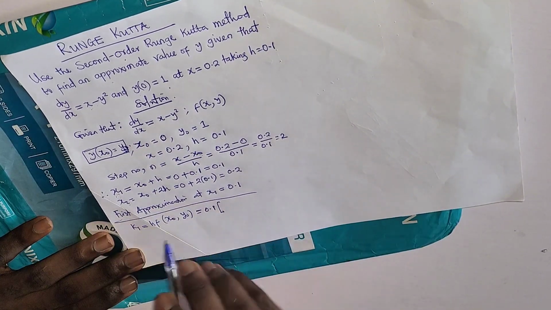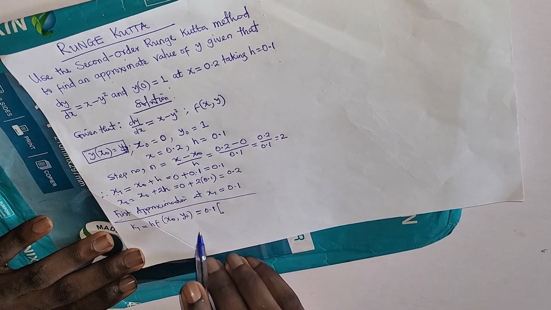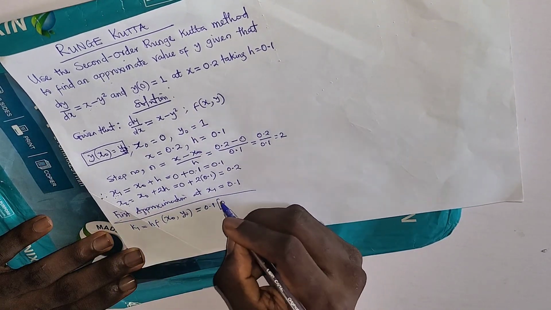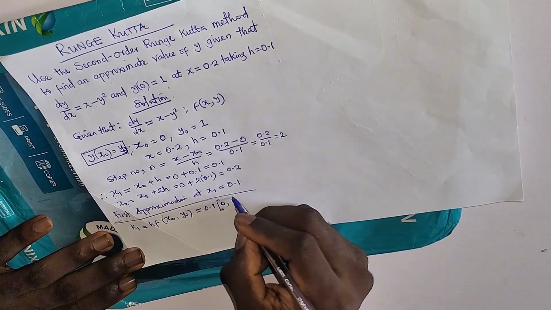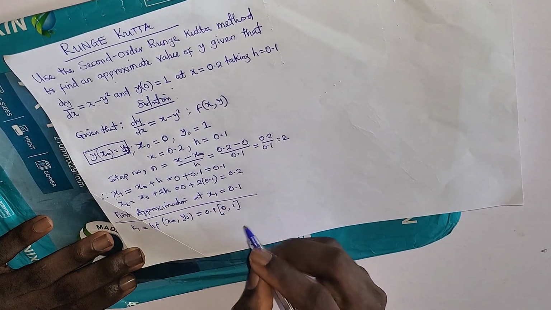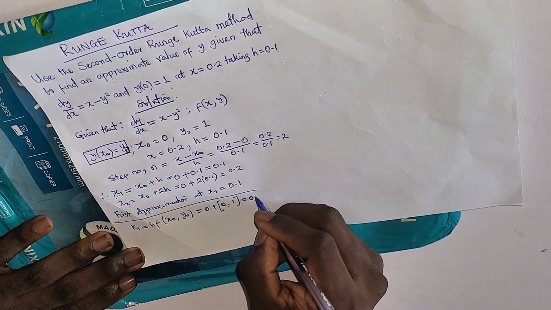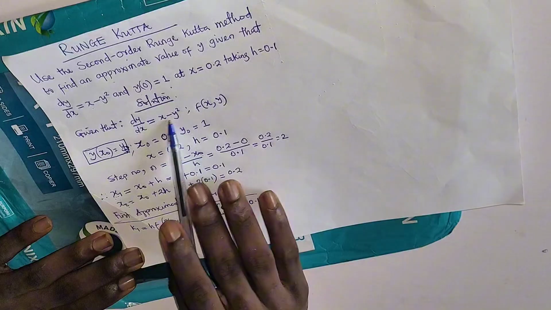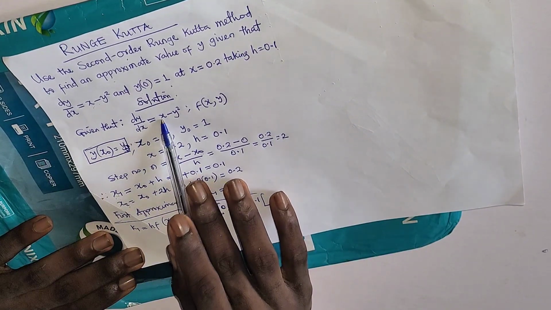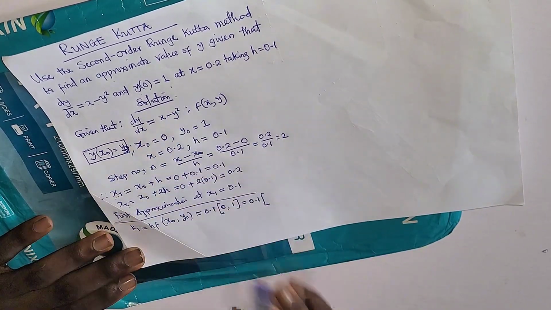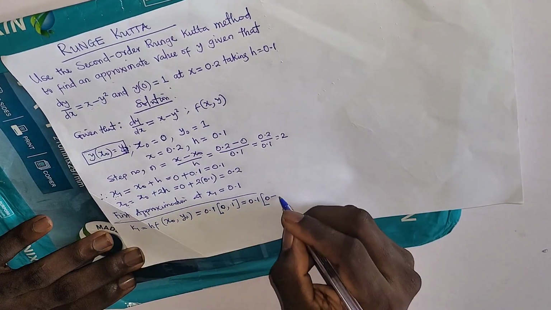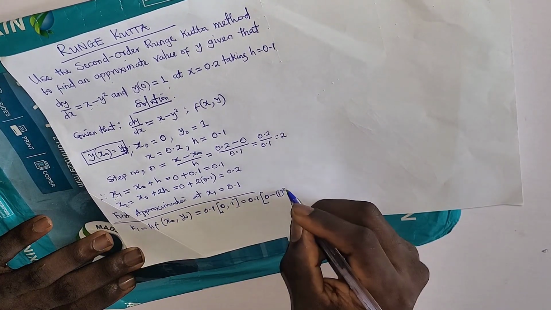Then the function of x and y, if you can remember, what is x naught? x naught is 0, right? y naught is 1, right? So we have 0.1 into, now what does our rule say? Our rule says x minus y squared, right? So the value of x is 0 minus 1 squared.